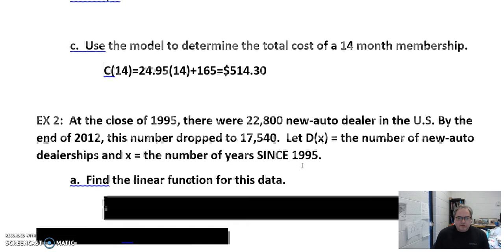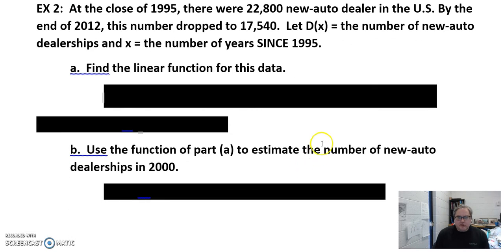The next one is a little more complicated, but not much. Remember, in the first one, they gave us basically the slope and the y-intercept. This one's doing a couple things differently. At the close of 1995, there were 22,800 new auto dealers in the U.S. By the end of 2012, this number dropped to 17,540. So the number dropped. Things are decreasing.